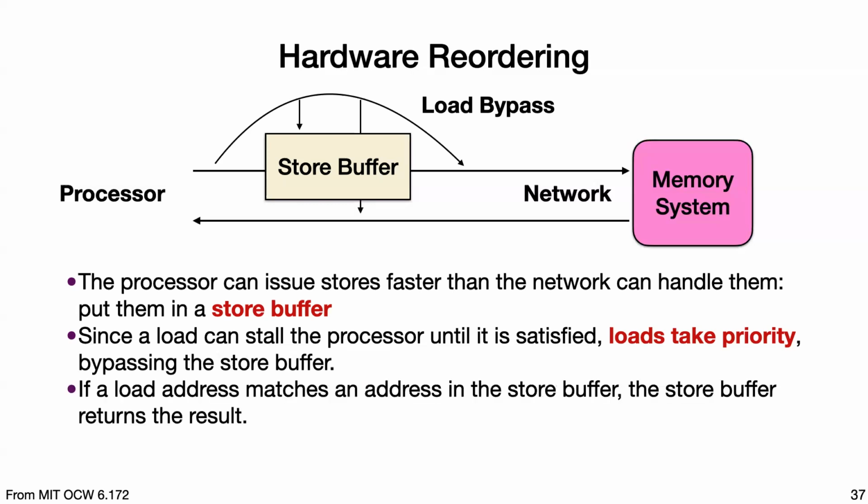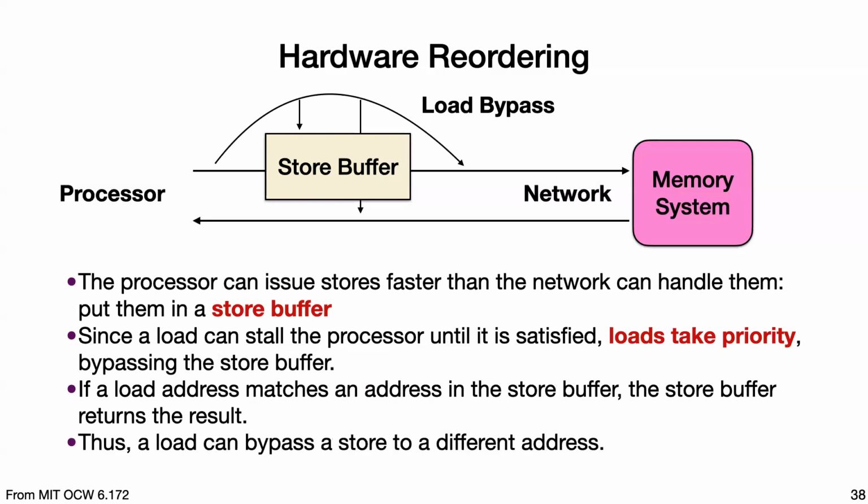So this hack of having the store buffer works, but then you have this issue: if you are trying to load something that you just recently stored that has not yet finished flushing down to memory, then it needs to check the store buffer first for the most recent value that was written down. It can either be in the store buffer or maybe it's not, and then you just get it from the memory system. And therefore, the load can bypass the store to a different address.